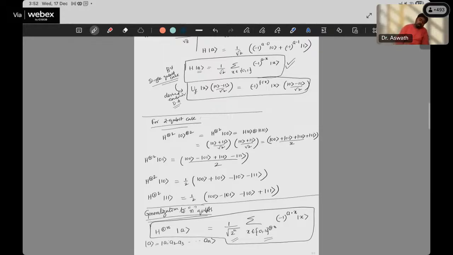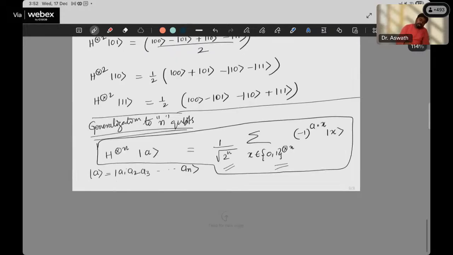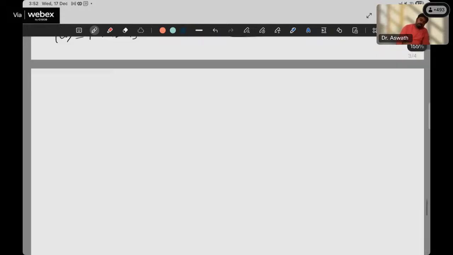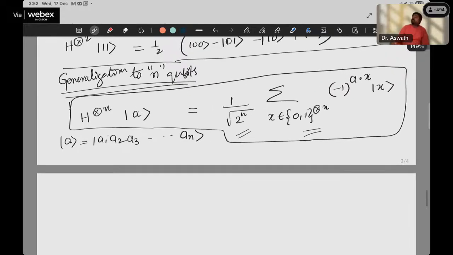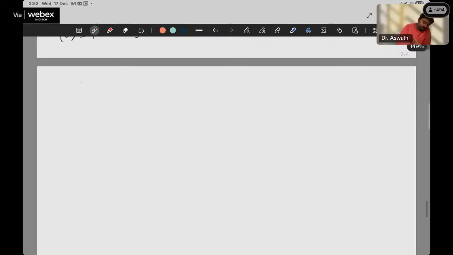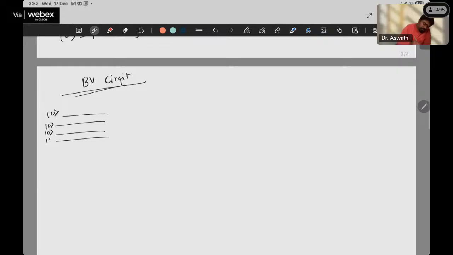So now the Bernstein-Vazirani algorithm consists of a function f of x dealing with Hadamard gates. That is what it has. The first thing in the Bernstein-Vazirani algorithm, the BV circuit, is that it consists of several query zeros.